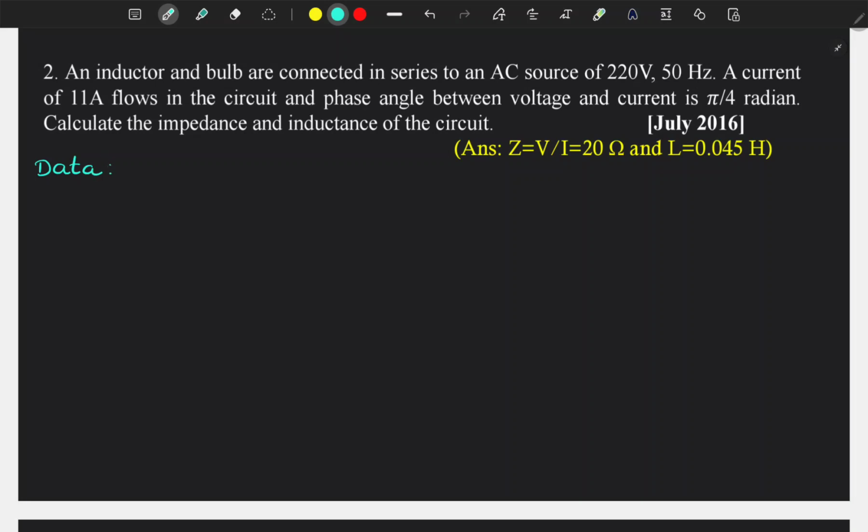Here we have an inductor and a bulb are connected in series with the AC source. So here we have an inductor and a bulb.